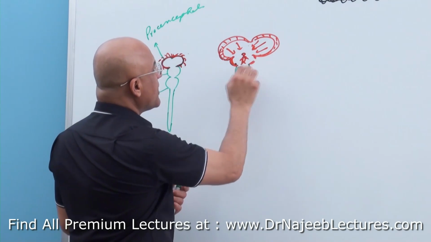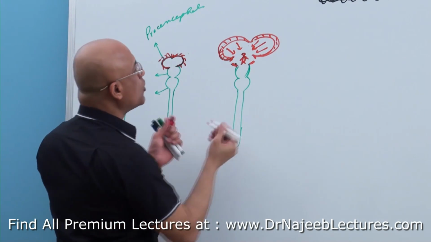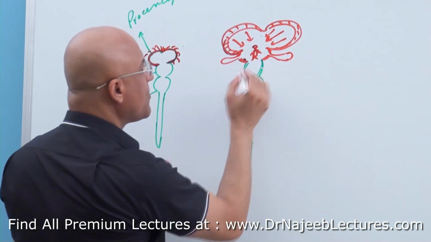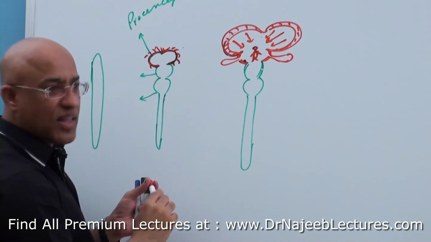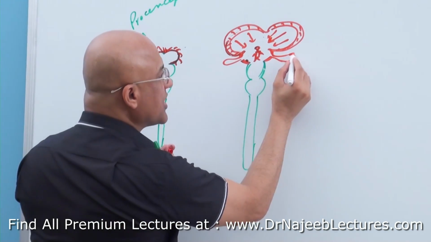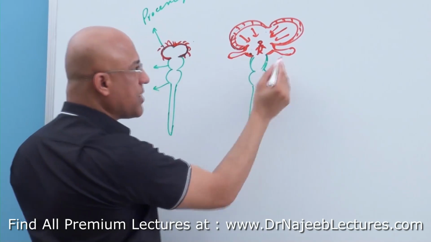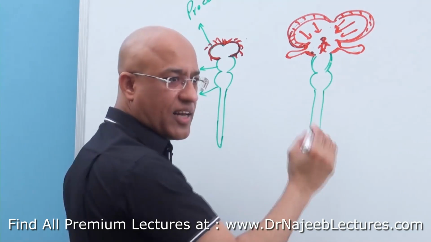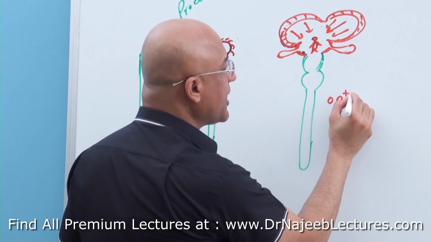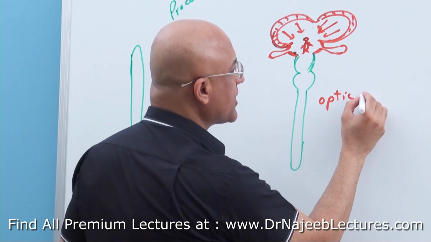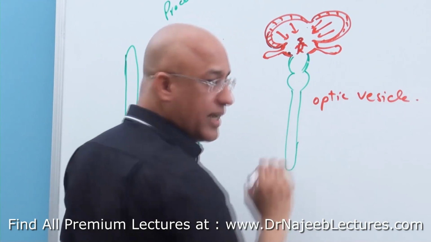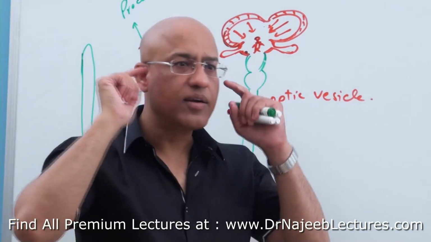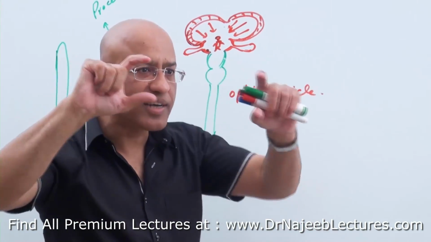So, from here, special outpouchings come. From where? From the diencephalon. This tissue which is coming out, of course, is central nervous system tissue. This is called the optic vesicle. Now, as it moves anteriorly, for example, here is the diencephalon, it is moving anteriorly like this.